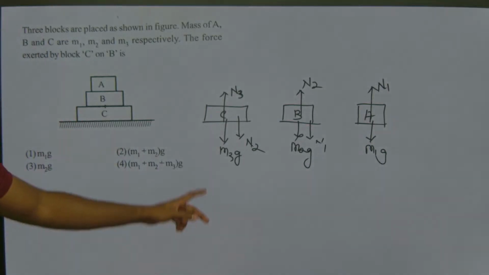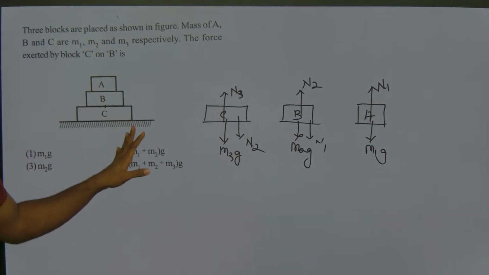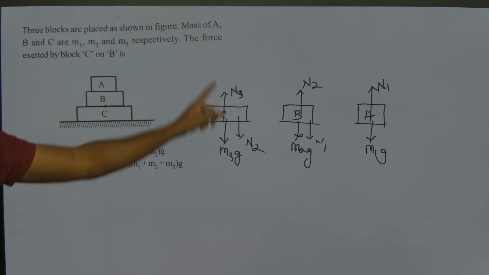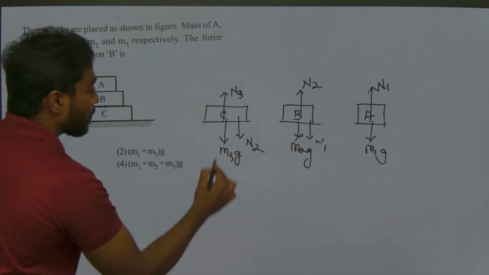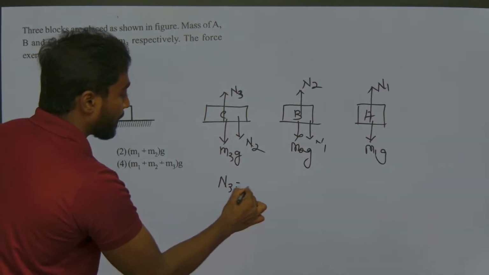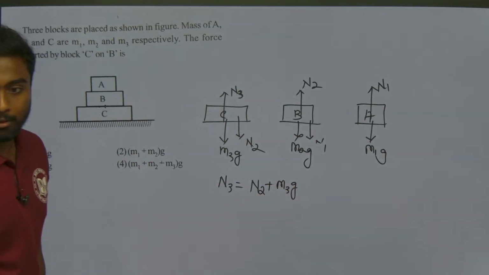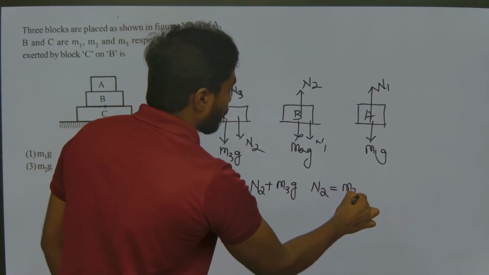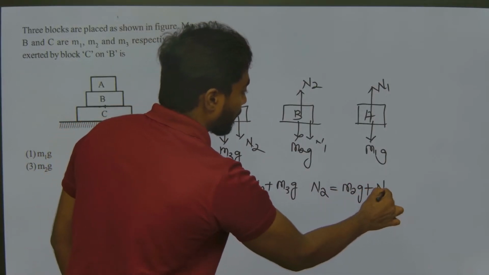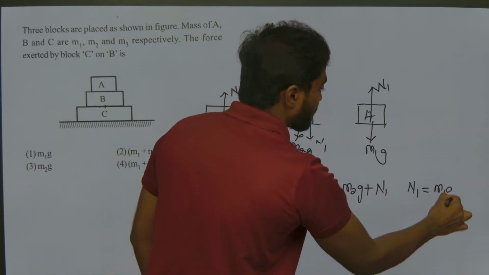Now can I write the equations? Is the object moving? No, it is at rest, which means upward force will be equal to downward force. So n3 will be equals to n2 plus m3g. For this, n2 will be equals to m2g plus n1. For this one, n1 will be equals to m1g.